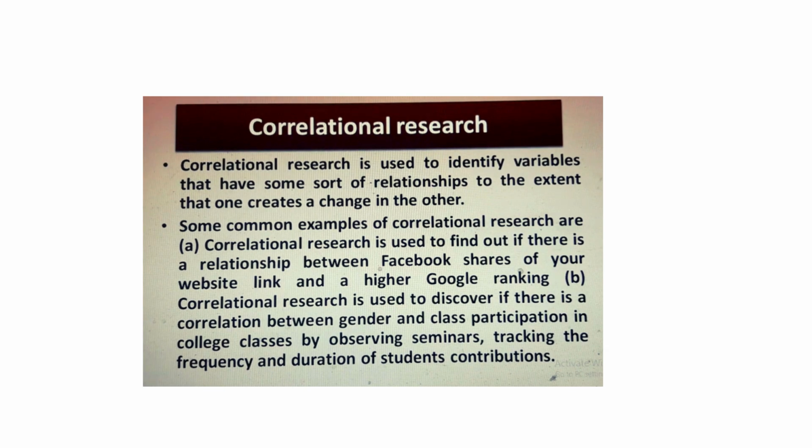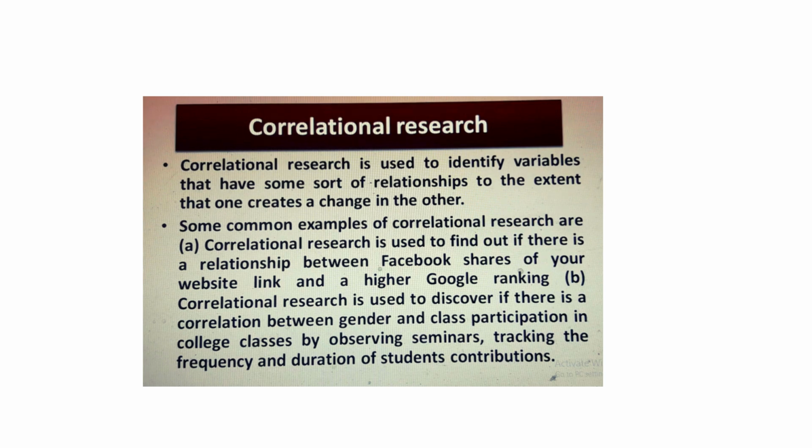Correlational research is used to identify variables that have some sort of relationship, to the extent that one creates a change in the other. Some common examples of correlational research: it is used to find out if there is a relationship between Facebook shares of your website link and a higher Google ranking.